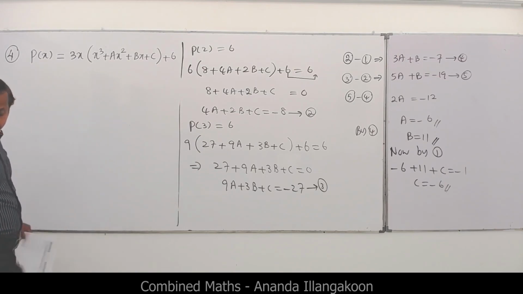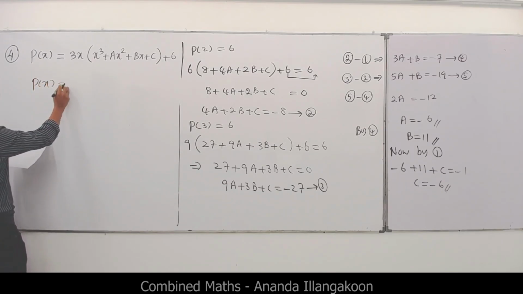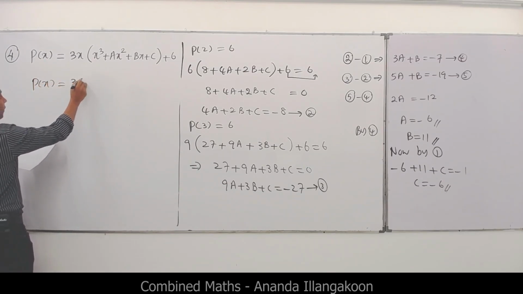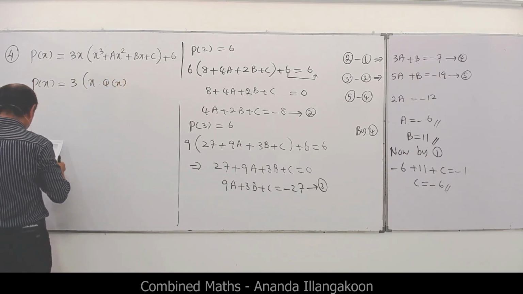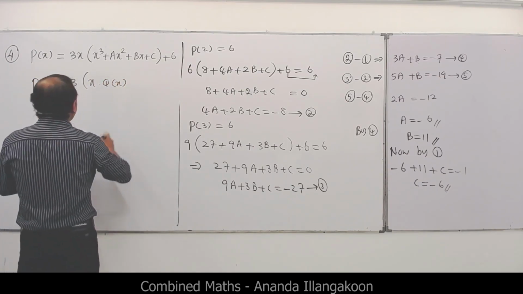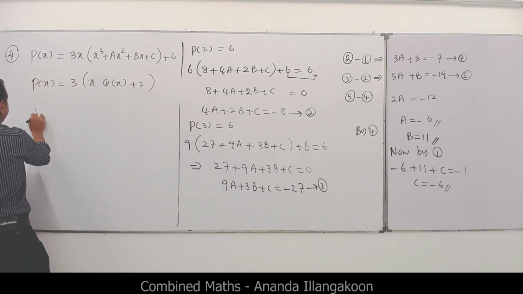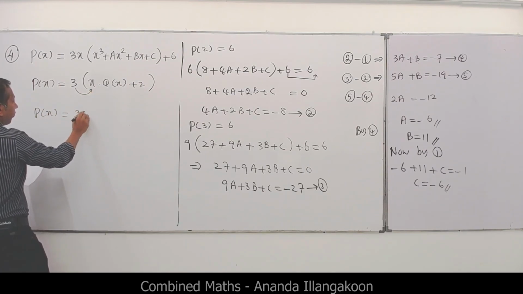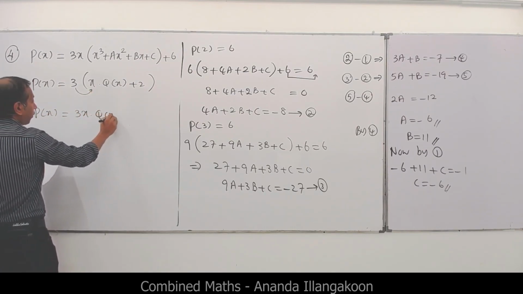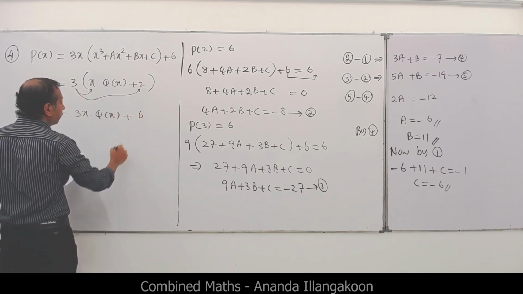We are given that Px is equal to 3 times x times qx plus 2. That means Px equals 3x into qx and here 6.